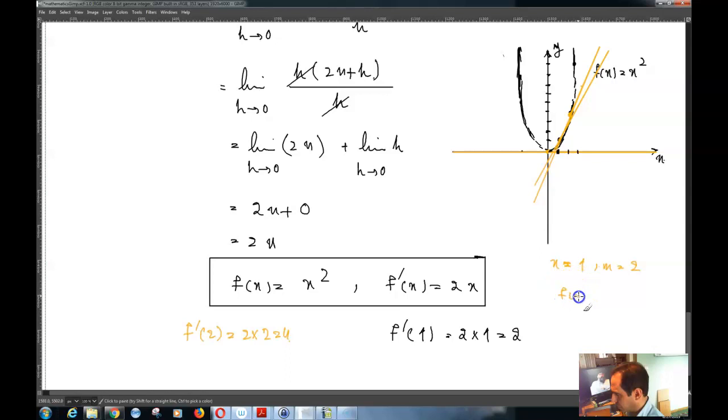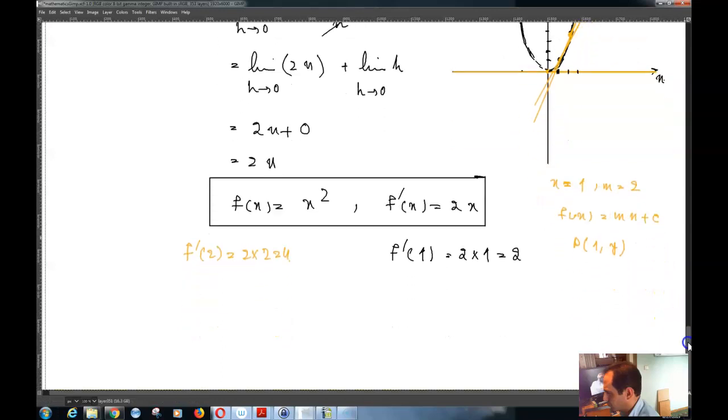So f of x is equal to mx plus c. It is supposed to be a line passing through this point P, whose x coordinate is 1, whose y coordinate I don't know, but I know that the slope of the line is 2, meaning that y2 minus y1 over x2 minus x1 is equal to 2.